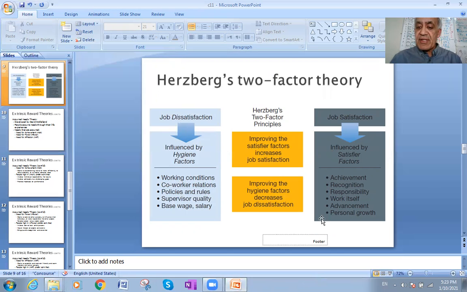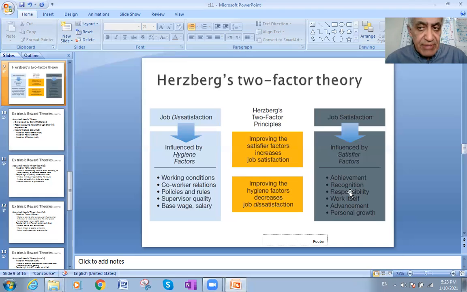Whereas the other factors influence satisfier. Improving the satisfiers increases job satisfaction as well. Like what? Achievements. When they achieve more, they will be more satisfied. Recognition. When their jobs and their tasks are recognized more, they will be more satisfied.